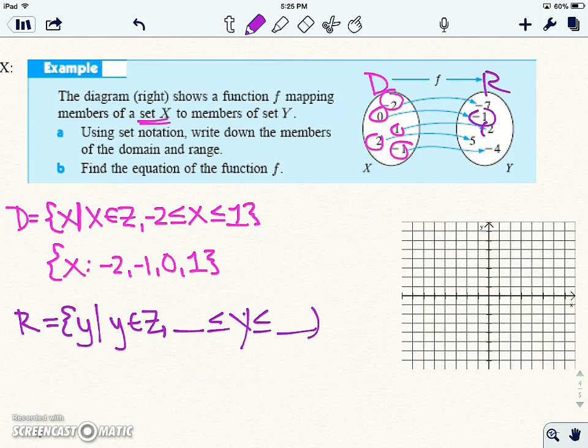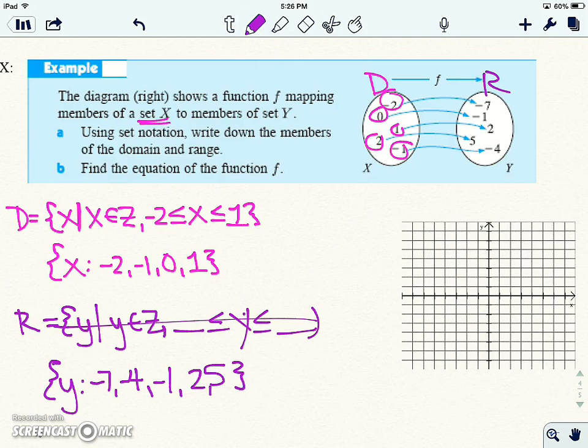It does -7, -4, -1, 2, 5, but what about -6, -3, etc.? So this version doesn't work, and we'd have to just say y such that y is the numbers -7, -4, I'm just putting them in order, -1, 2, and 5. So that's just using our set notation and connecting it to functions.